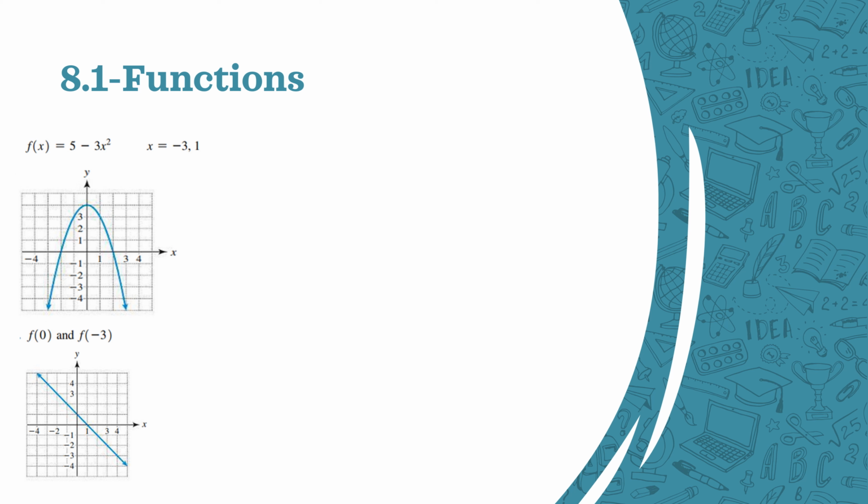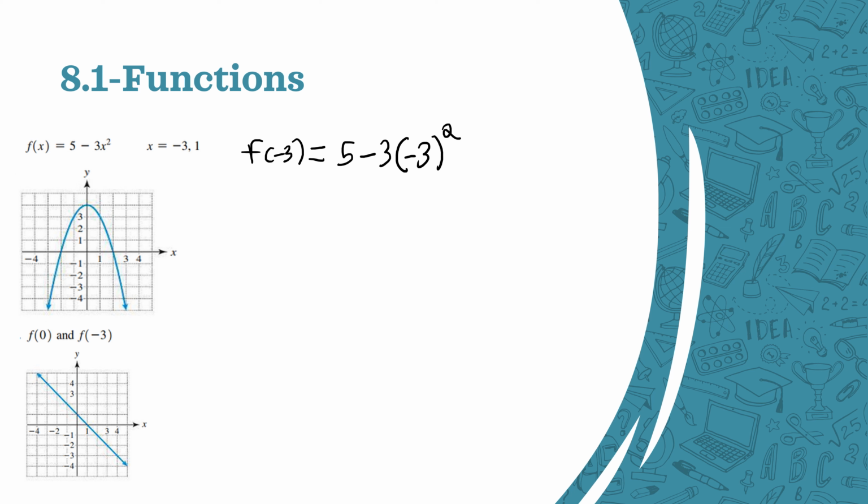And first we're going to start with this one right here, f of x equals 5 minus 3x squared, and evaluate it when x equals -3 and x equals 1. So when x equals -3, that's going to be f of -3 equals 5 minus 3, parentheses, you always want to put in parentheses, -3 all squared.